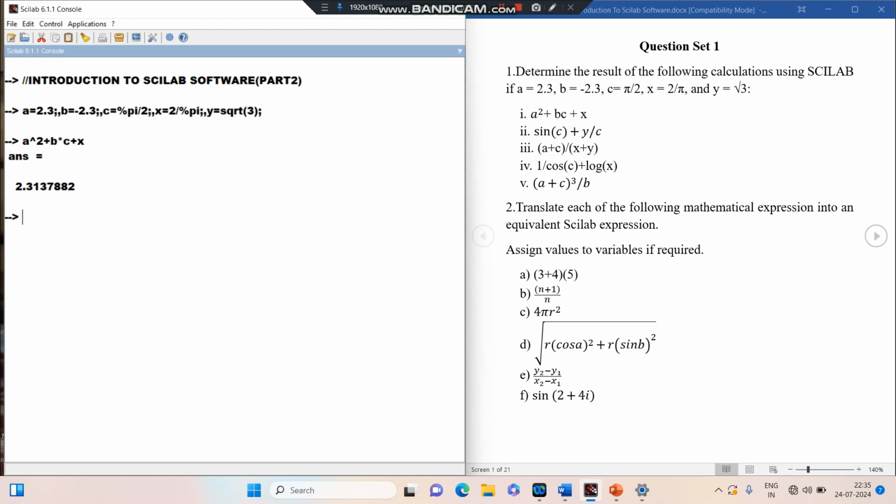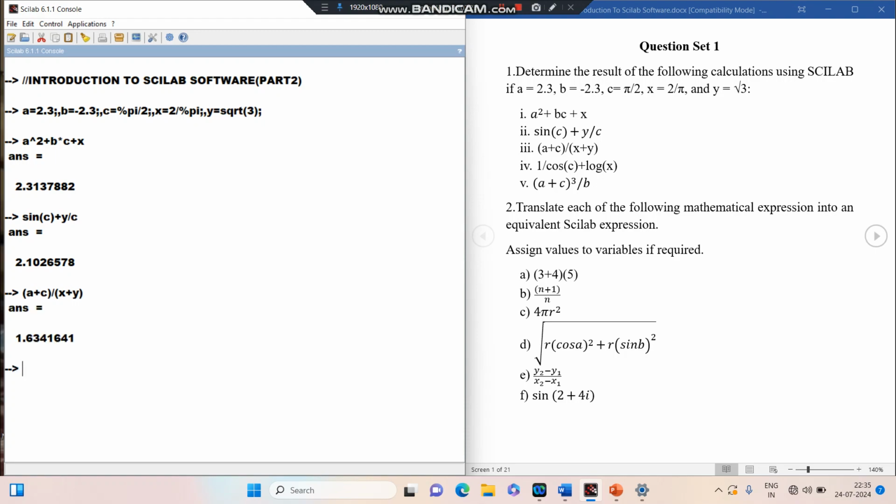Sin c plus y by c. For sin we are going to use sin into bracket c plus y by c. Then a plus c into bracket divided by x plus y. So we are going to write a plus c in the first bracket, then the division symbol, and then x plus y in the next bracket.